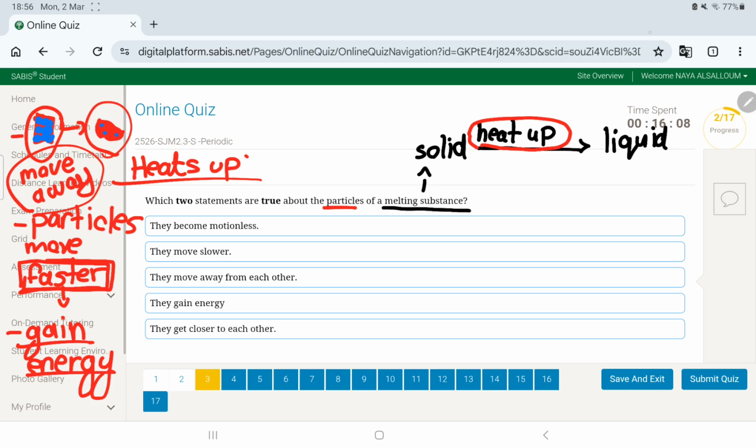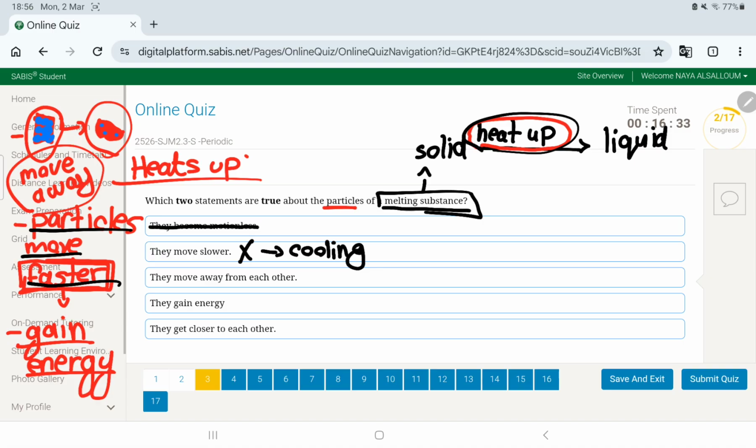So now let's see. They become motionless. This is wrong because even solid particles vibrate. Nothing is motionless. They move slower. Wrong, because here we said that the particles move faster. For moving slower, this is cooling, right? But when something is melting, it's heating up.